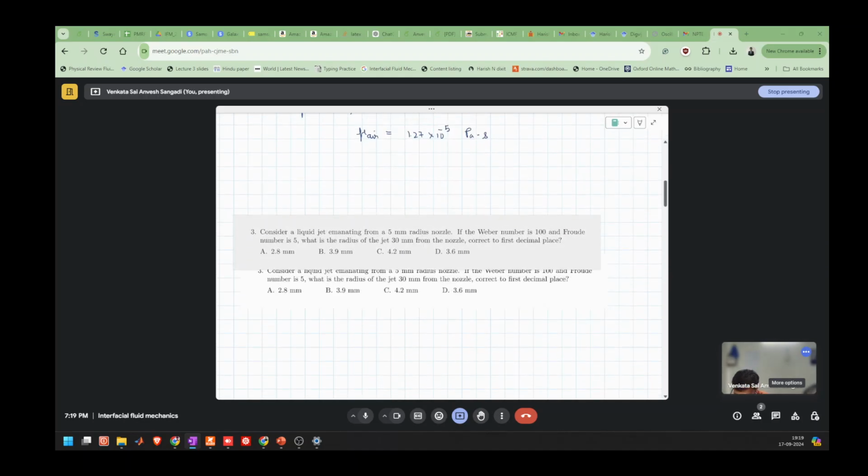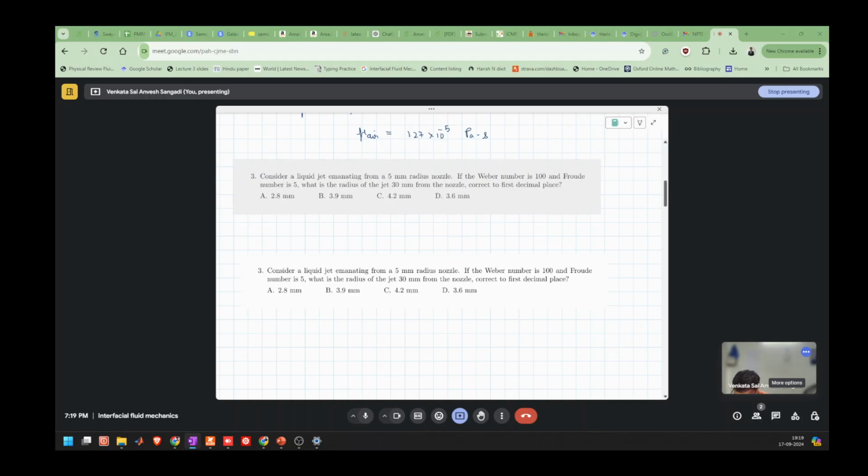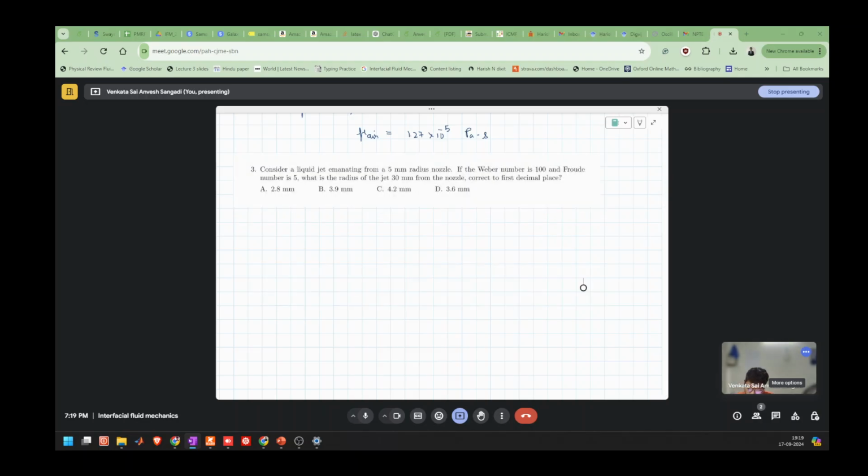We have the next question. Let's write down what it is. Consider a liquid jet emanating from a 5 mm radius nozzle.